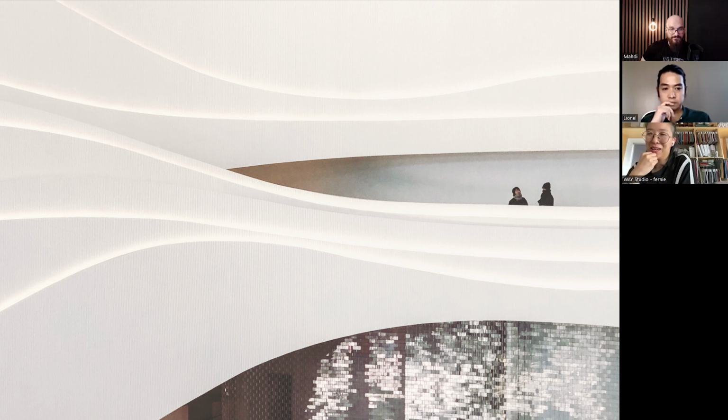Similarly, the computer aid came when we had to break down all the panels for construction, and also when we were working with the structure for this project.